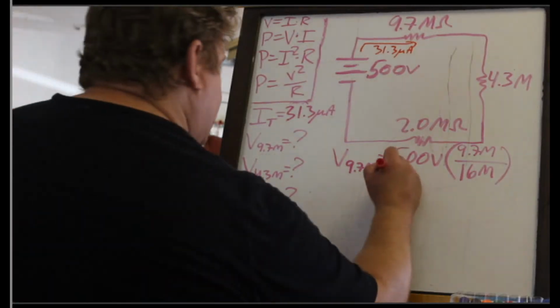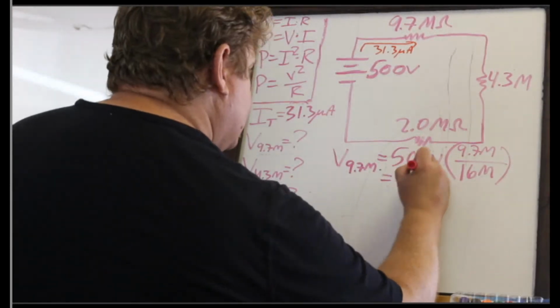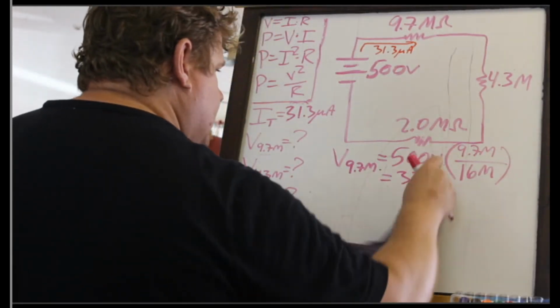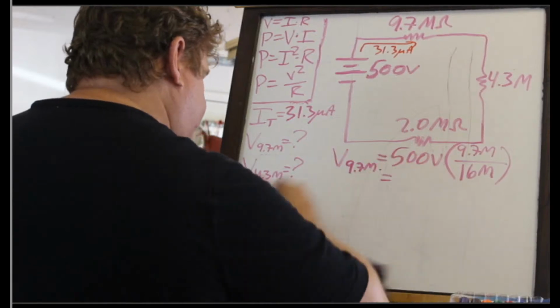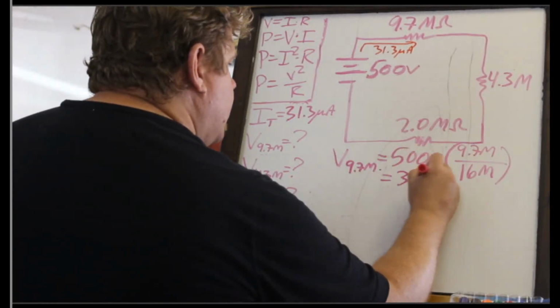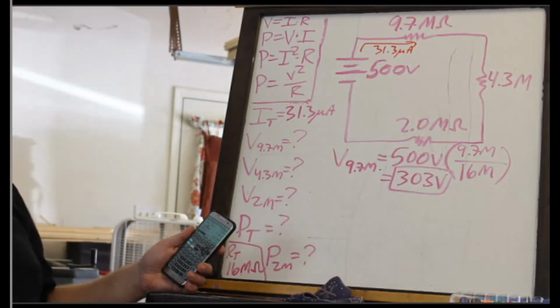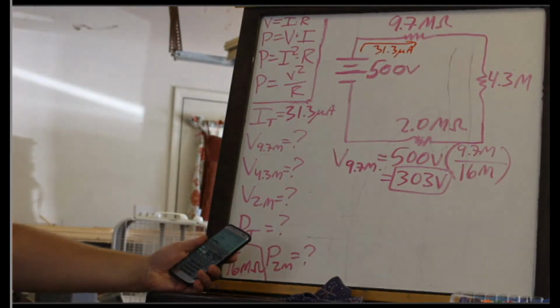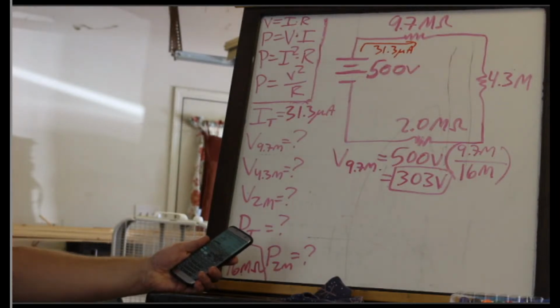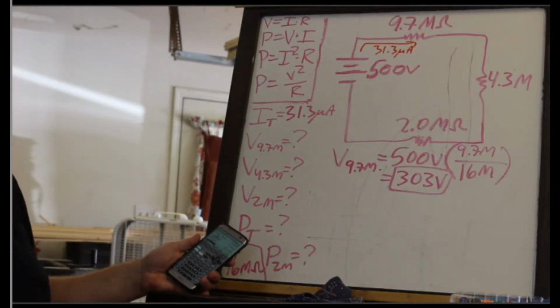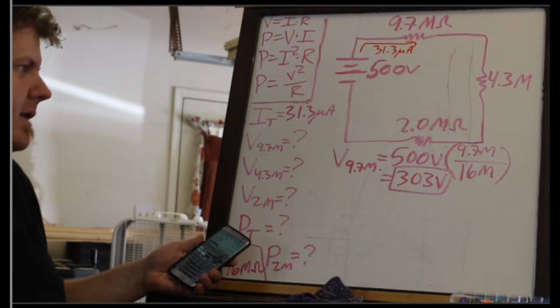So for this one, I get 303. Whoops, forgot a zero there. 303 volts. Okay, so I saw some of you did the decimals behind it, 303.125. Yeah, that's what I got too, but I still would report this as 303 volts because that's three significant figures.